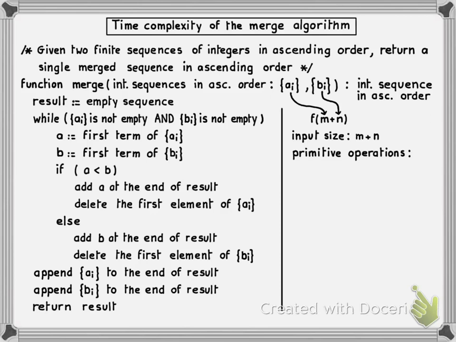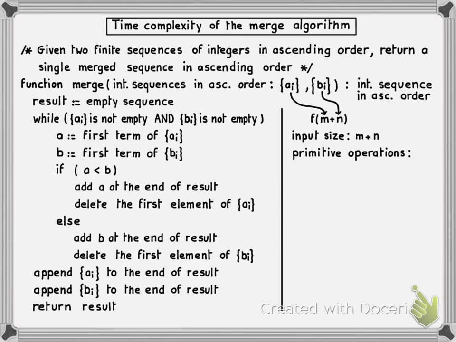And to convince you of that, I'm going to ask you to keep in mind a particular implementation of finite sequences as a linked list. In fact, let's consider a doubly linked list, where every integer in a sequence has a pointer to the next integer in the sequence if it has one, and also a pointer to the previous integer in the sequence if it has one.